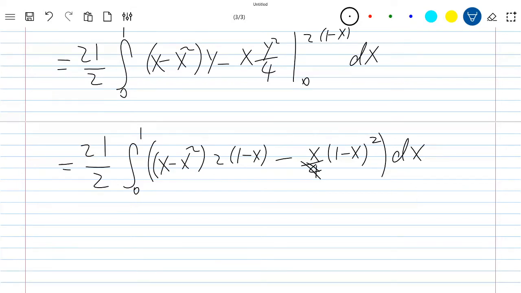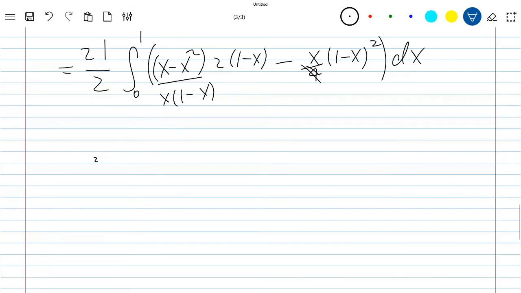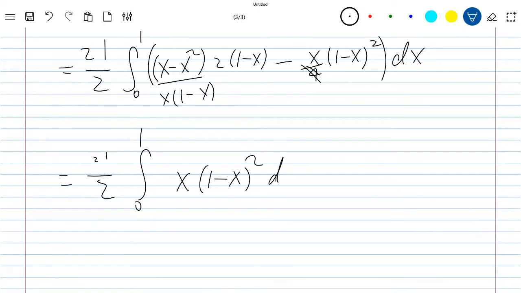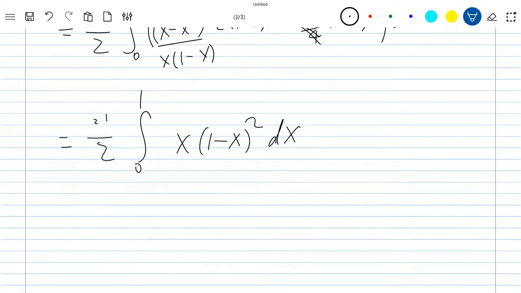That's good because this equals x times 1 minus x, right? So you have 2x times 1 minus x squared minus x times 1 minus x squared, so it's cancelled. So equals 21 over 2. You only have one of them left. You get x times 1 minus x squared, right? And that's pretty good. So you get 21 over 2.